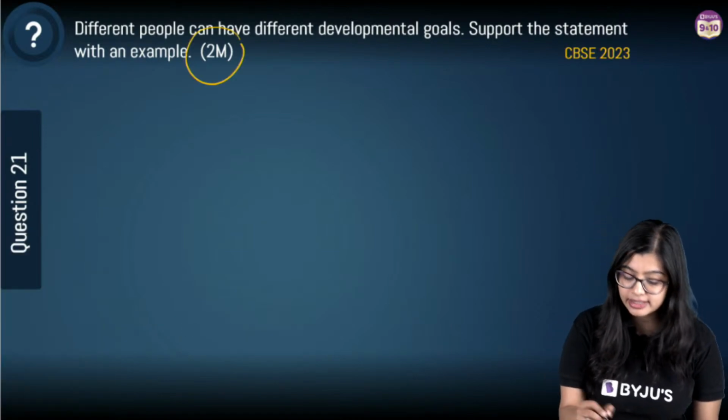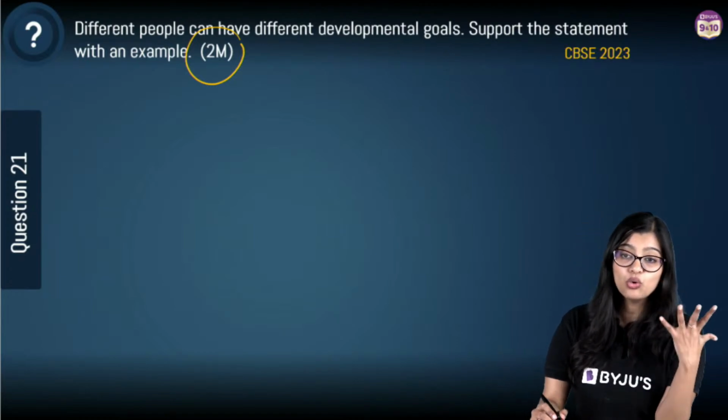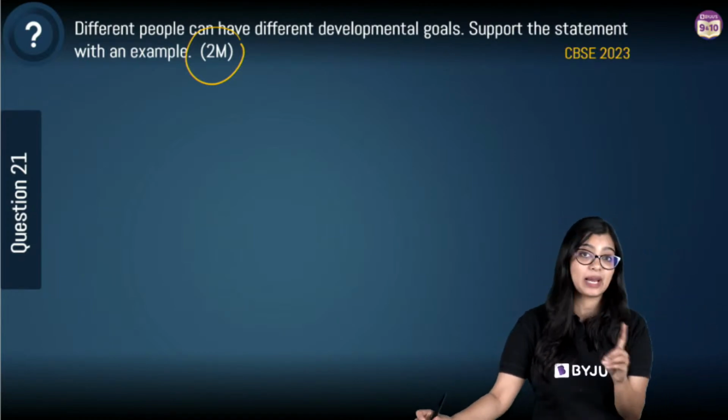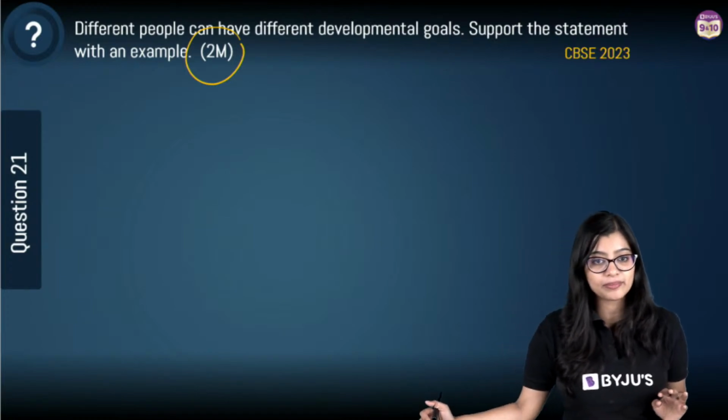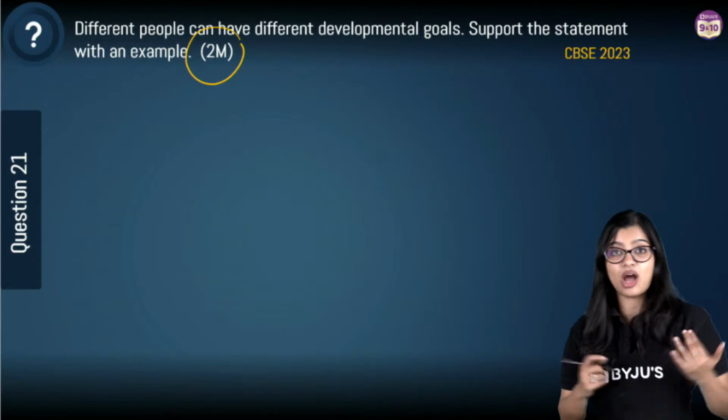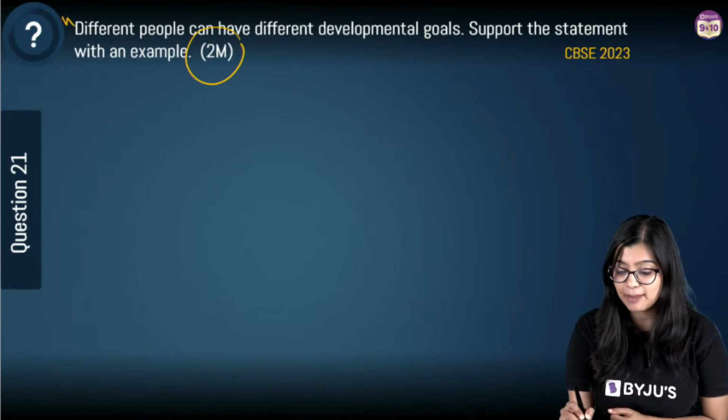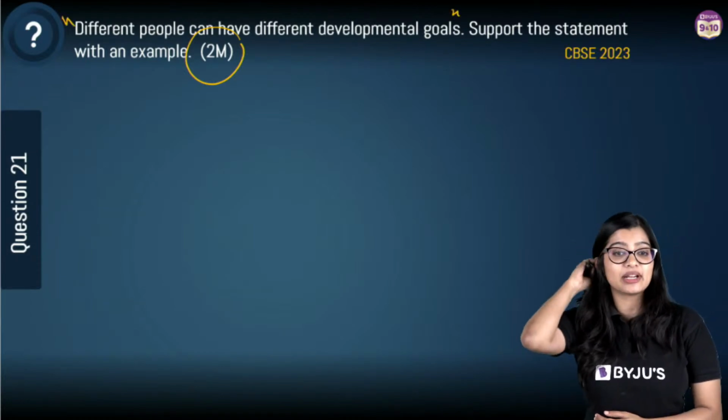Now for students who have normally attended my class for development, if you have not checked that video out, I request you to check that video out. If you remember, we discussed how different people will have different developmental goals. So what example can you take?